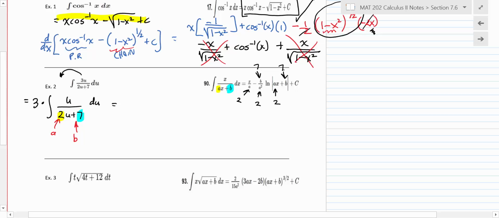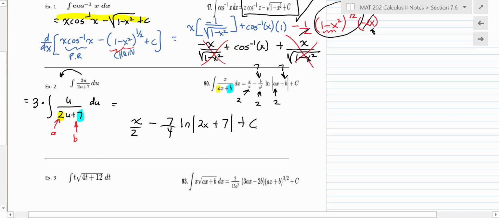The answer to this integral is going to end up being x over 2 minus b, which is 7, over 2 squared, which is 4, times the natural logarithm of ax plus b, with a as 2 and b as 7, plus c. That should be the answer.